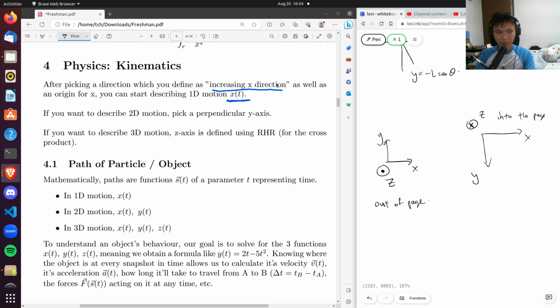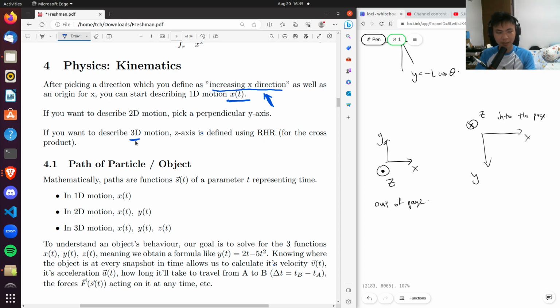in order to start describing kinematics, we already know calculus. So in order to start describing kinematics, we need to pick a definition for increasing x direction and increasing y direction, and that would lead to a definition for increasing z direction. The reason this leads automatically to the definition for increasing z direction is because there's an operation in the third dimension.